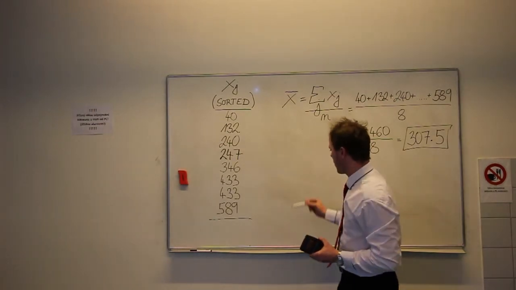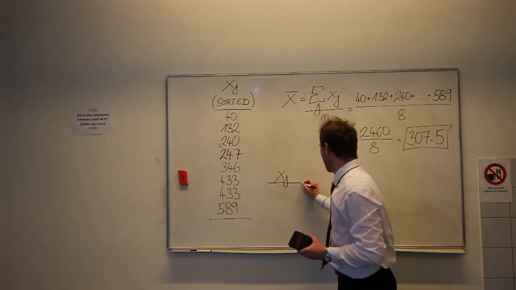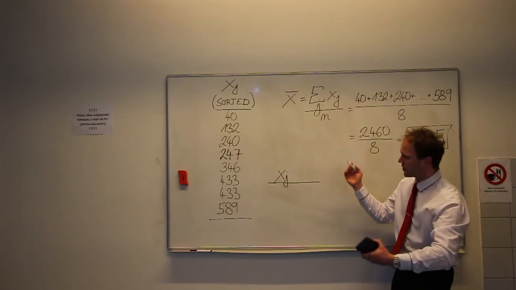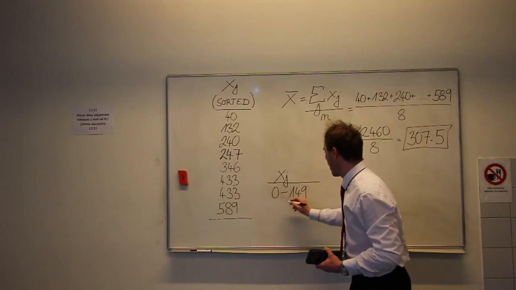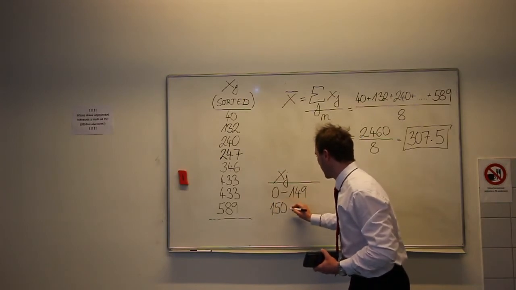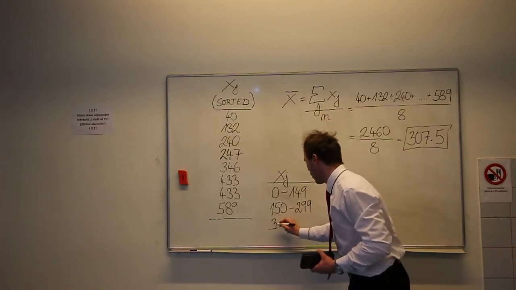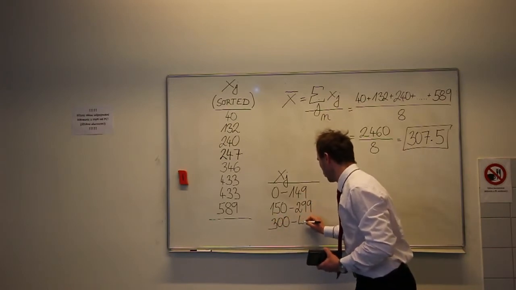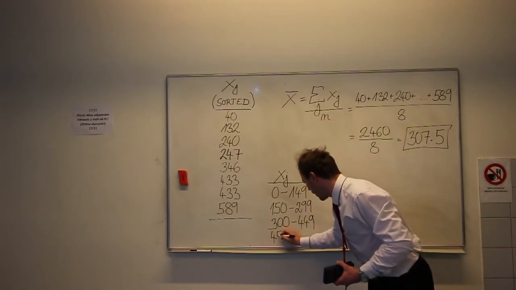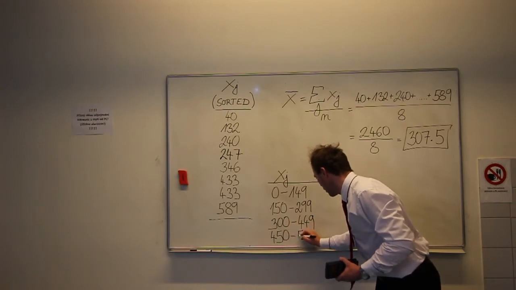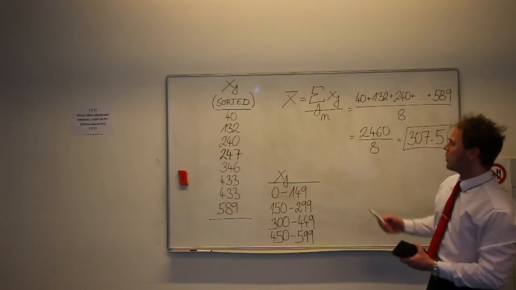Do you remember this table? xj, and we used intervals from 0 to 149, from 150 to 299, from 300 to 449, and from 450 to 599.